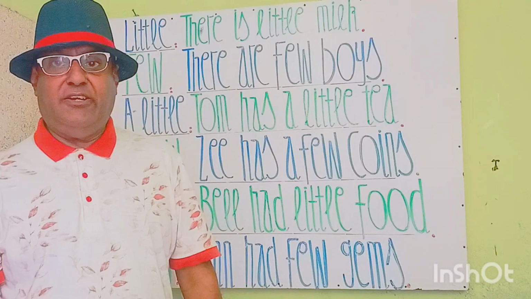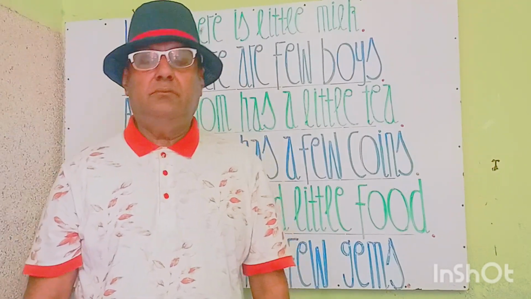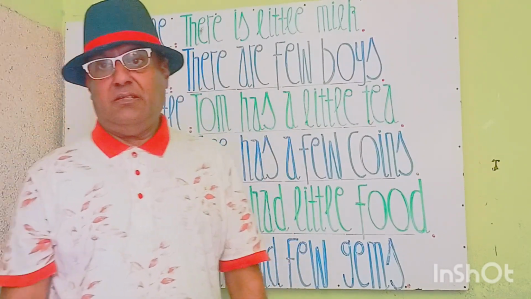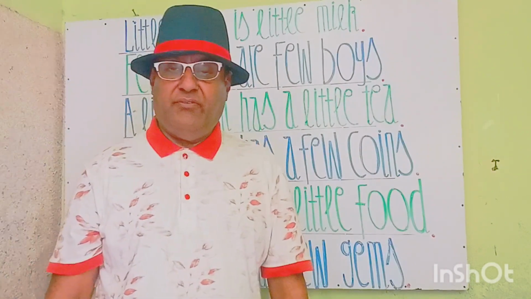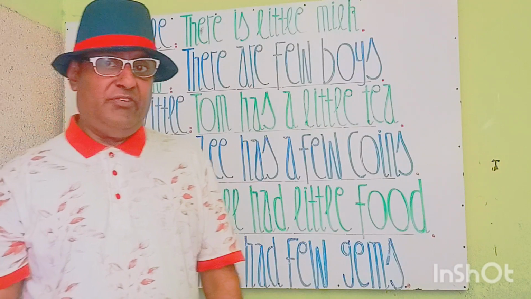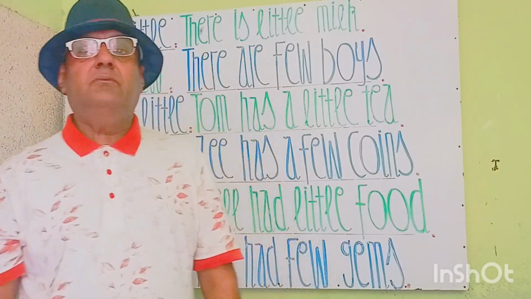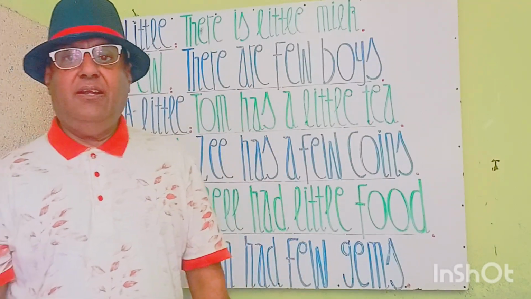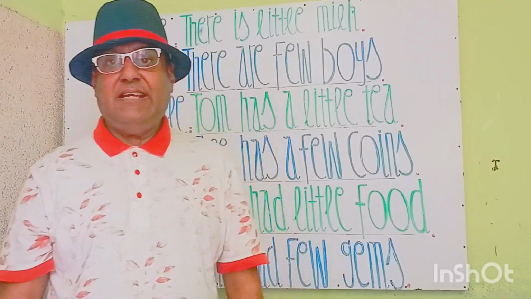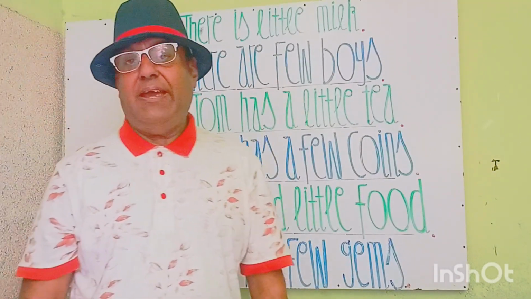So a little means in less or in some quantity. It is not very less, but there is some quantity. He has a little tea. Tom has a little tea.